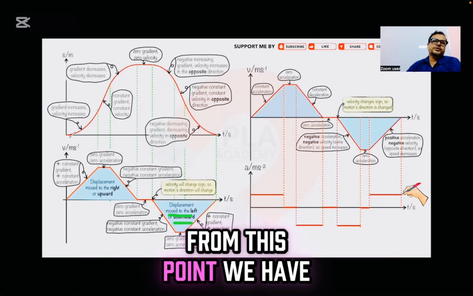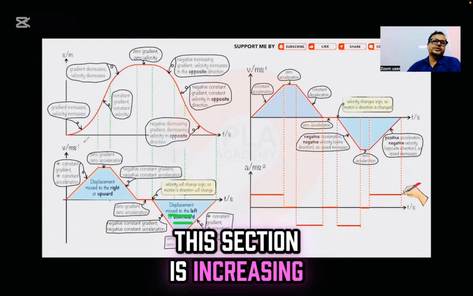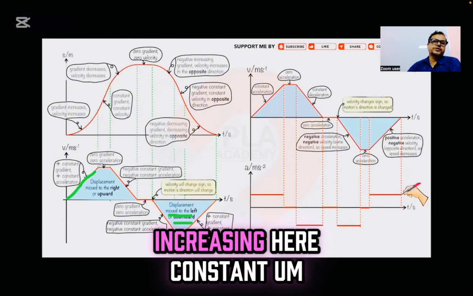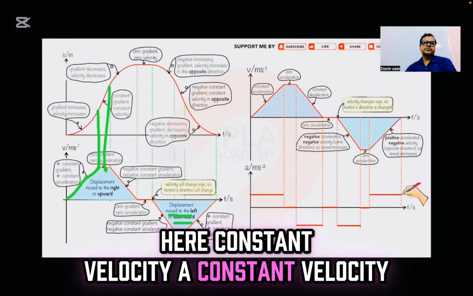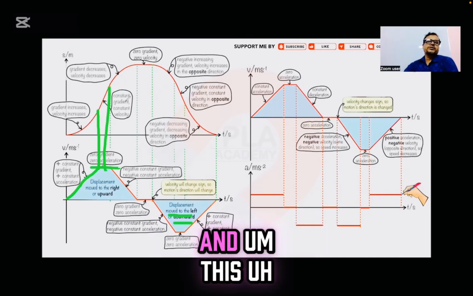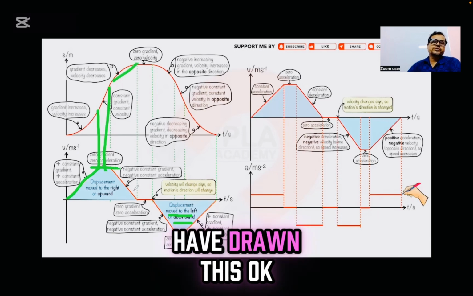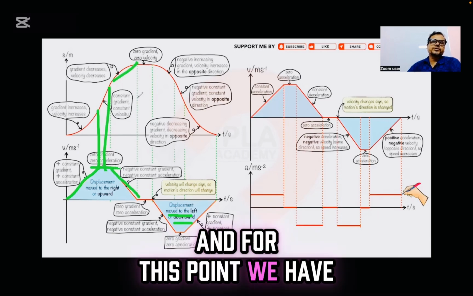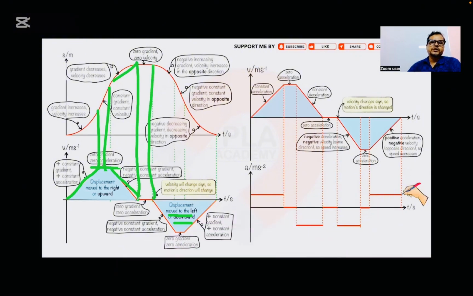From this point we have got this point, and this section is increasing, that's why it's increasing. Here constant velocity, here constant velocity, this constant. Okay, and for this line we have drawn this. For this point we have done it here, this is zero.